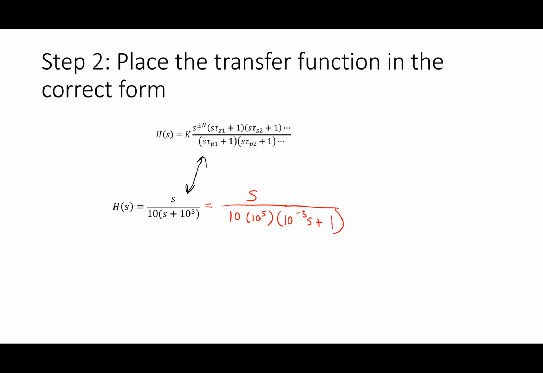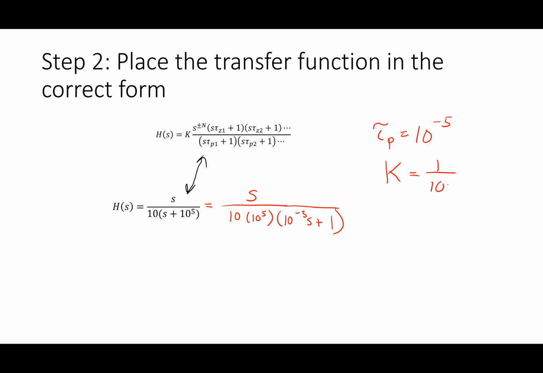Okay. So when I look at this, I've got what looks like one pole at the origin, or sorry, one zero at the origin, right? And I have a tau P1 equal to 10 to the minus 5th. And I've got a K value here. What's the multiplier on this thing?